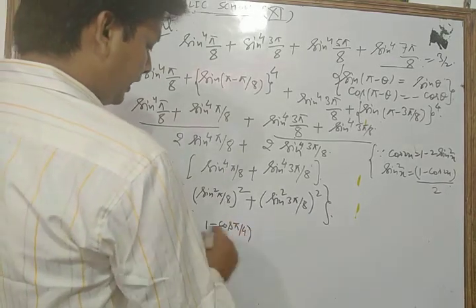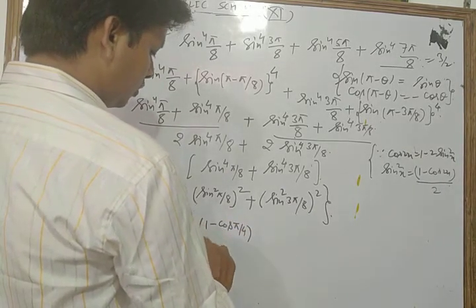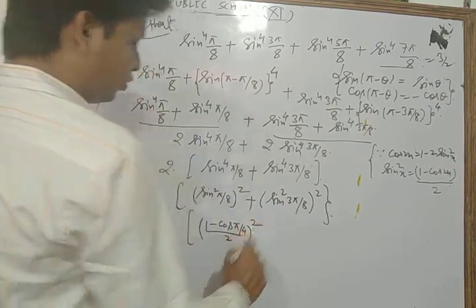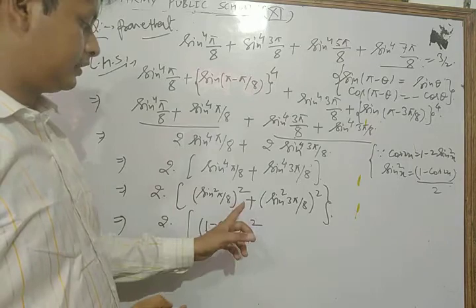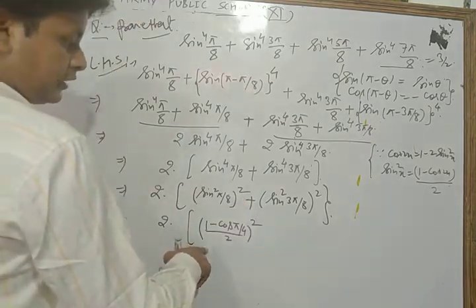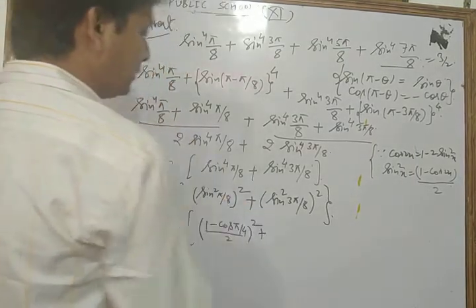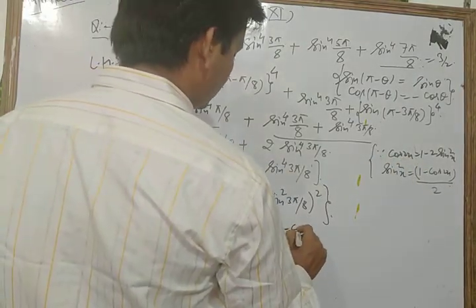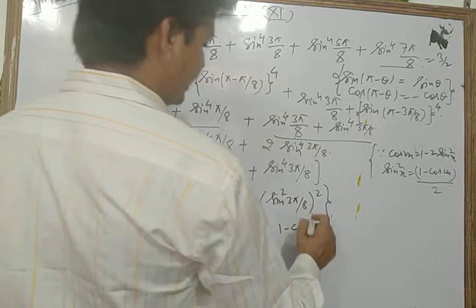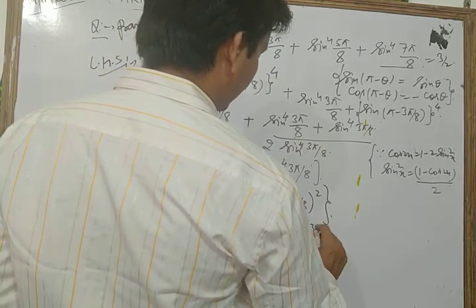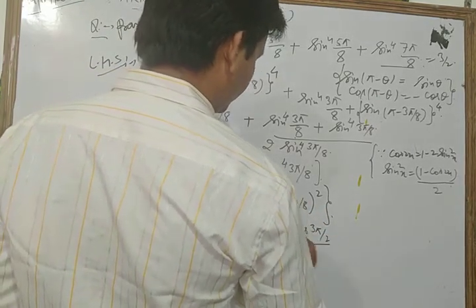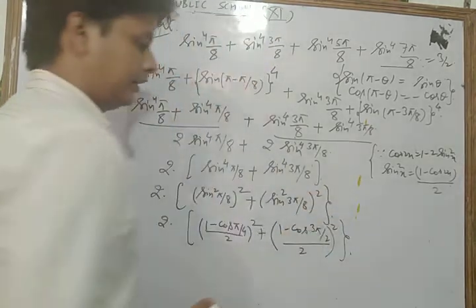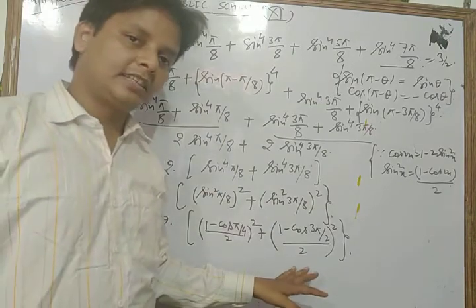Okay, 1 minus cos pi by 4 upon 2, this whole square. Here it is squared, so we write it this way. The same work is done for the other term: 1 minus cos 2x, so 1 minus cos 3 pi by 4 upon 2 whole square. Now it is clear, students.